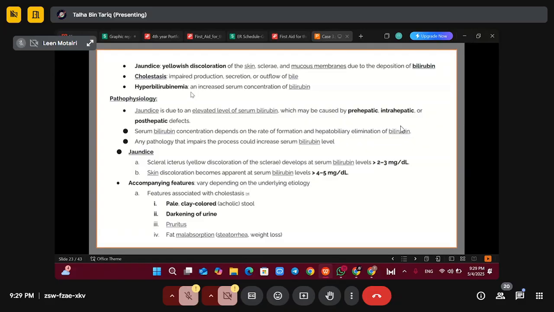For skin symptoms to appear, or the skin discoloration to become apparent, the serum bilirubin must be at least 4 to 5 milligrams per deciliter of blood. Then other associated features could be pale clay-colored stools, right? Darkening of urine, this is very important. Pruritus, itching, and there can be malabsorption or steatorrhea.